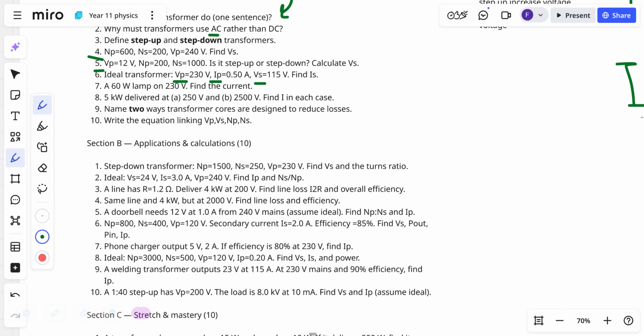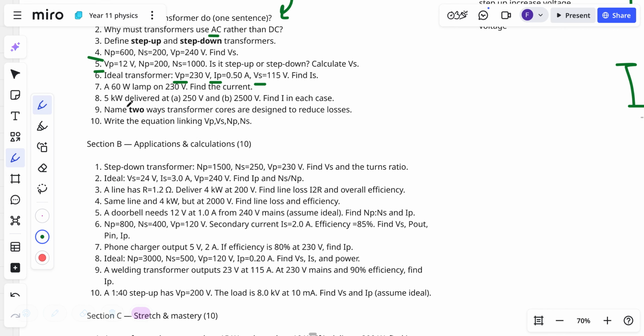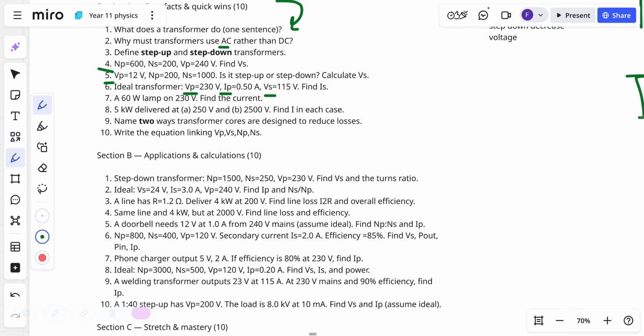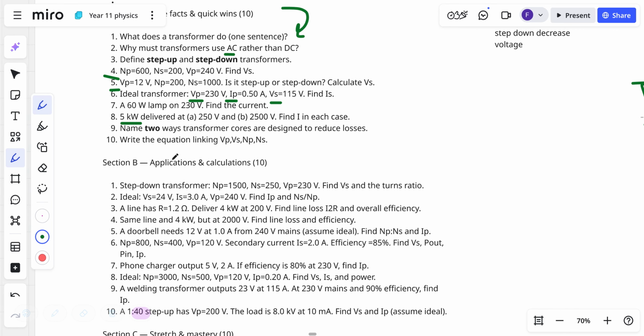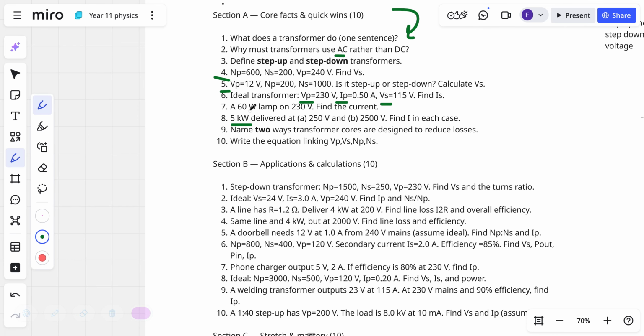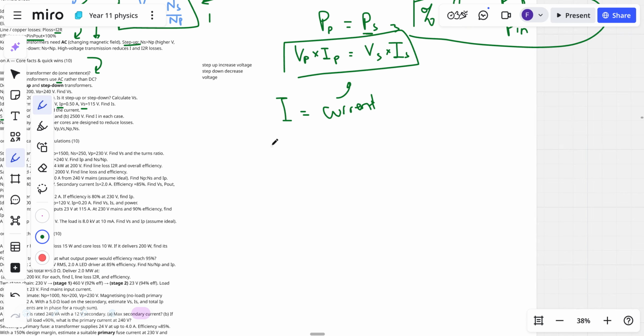Now, I've talked you through. Be careful with 5 kilowatt. Watt is the unit for power. W equals power. You cannot work in kilowatts.